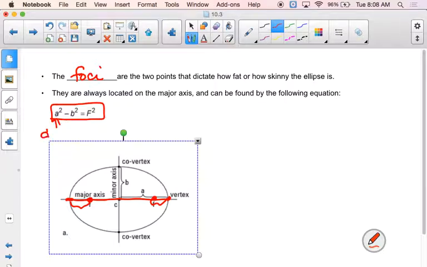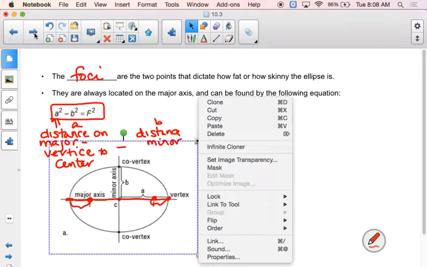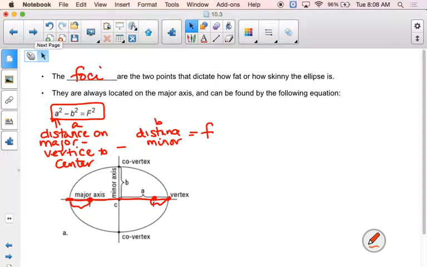So basically think of it as the distance on the major from the vertex to the center, minus the distance on the minor, because that's your a, that's your b, and that is equal to your foci distance.